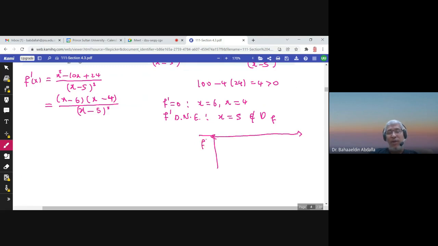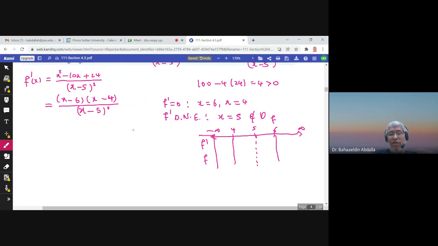So this is f prime. Let me put all of them, 4, 5, and 6, and here negative infinity to infinity. If you want, you can put at 5 here a dashed line to remind yourself that it is not a number in the domain. Now check the signs of f prime.